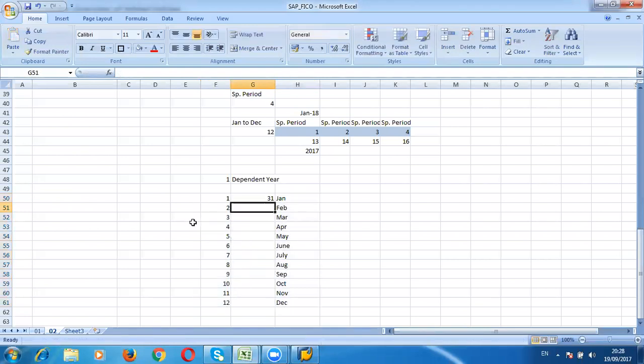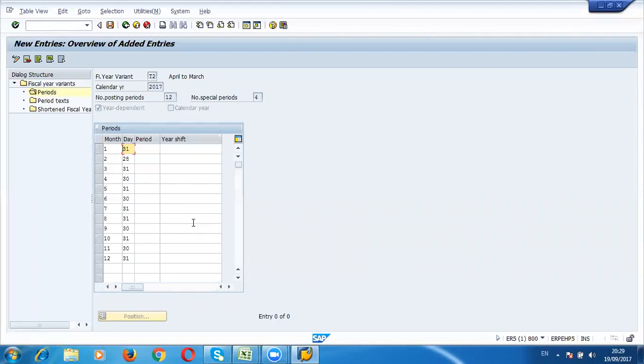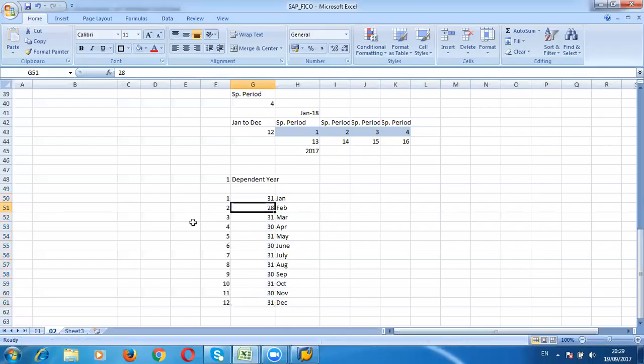Like in this Jan, Feb, March, April, May, June, July, August, September, October, November, and December. So I can put days like this. So I have the following days. Now the system is asking for the period.